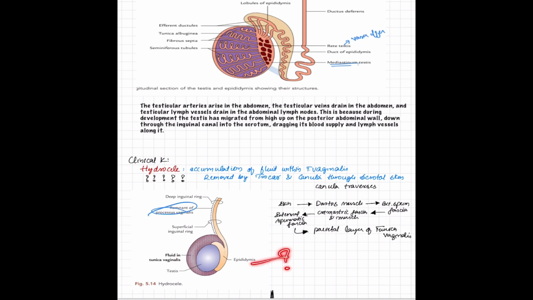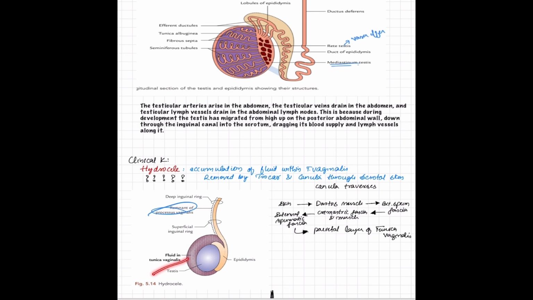What is the treatment for this? Treatment means it can be removed by trocar and cannula, that is the instruments, and that can be pierced through the scrotal skin. So while we pierce through the scrotal skin, what are the structures which will come across?